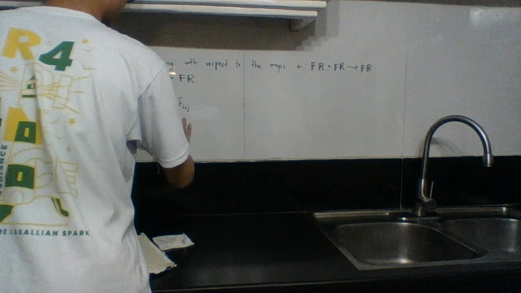And then the multiplication of this: Fi times Fj gives us the F sub i times j femboy.